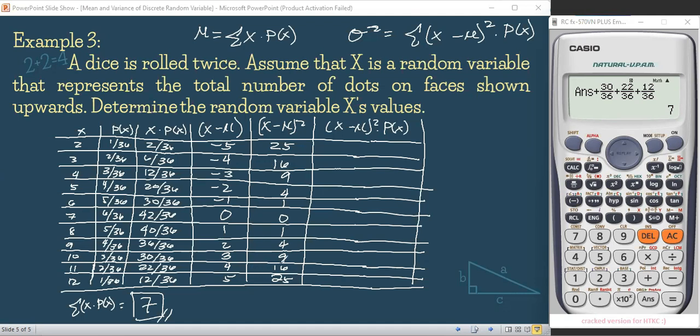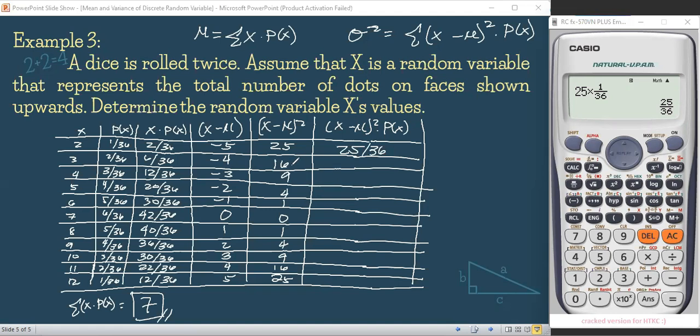Then since meron na tayong itong column, we need to multiply it by the probability of getting the random variable. So 25 times 1/36, that is equal to 25 over 36.